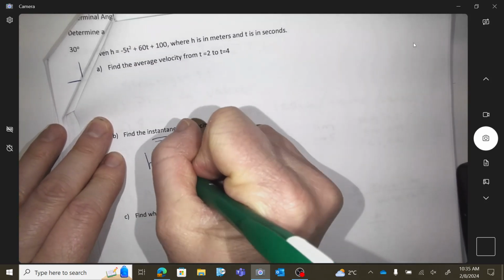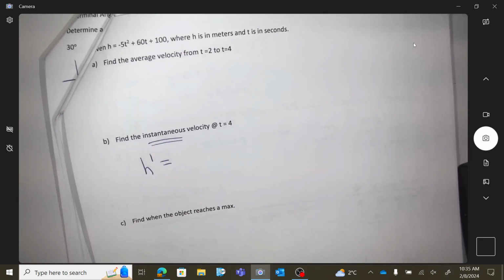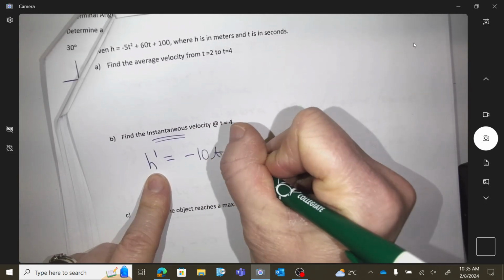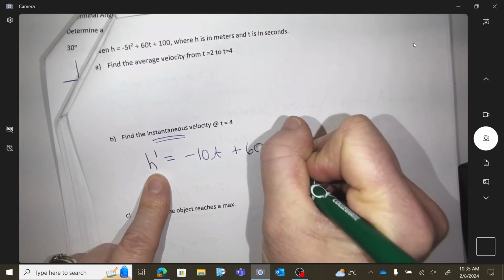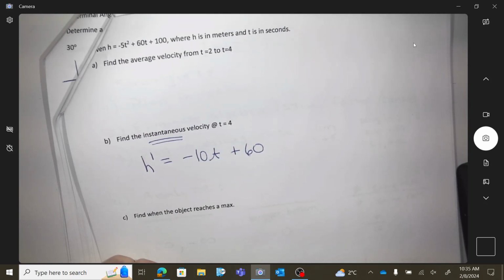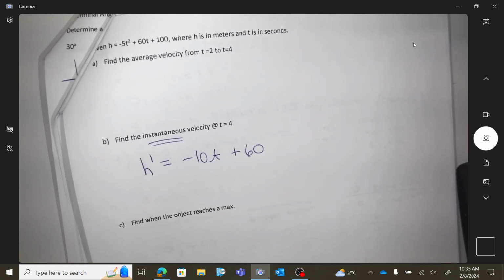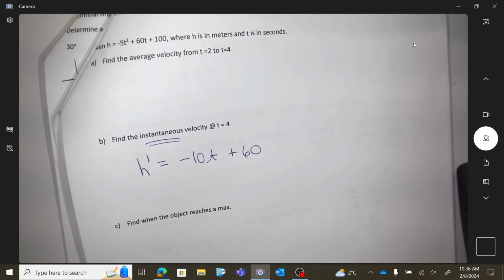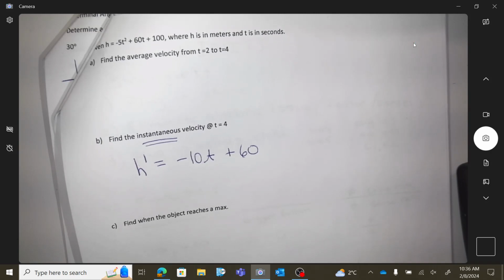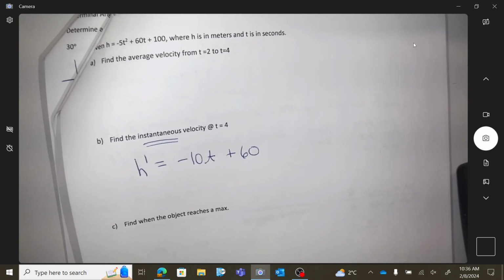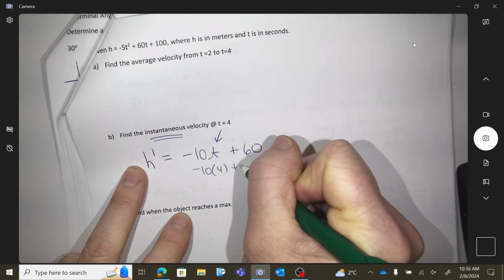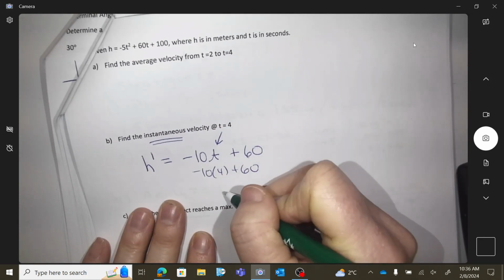So H prime equals negative 10t plus 60. So now, at the time of 4, what is your velocity?